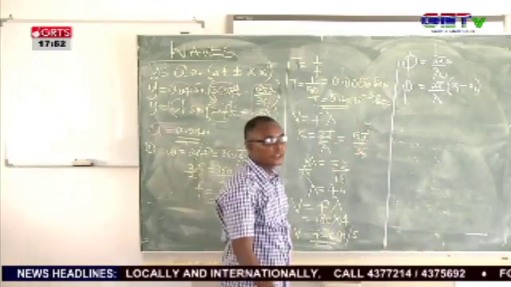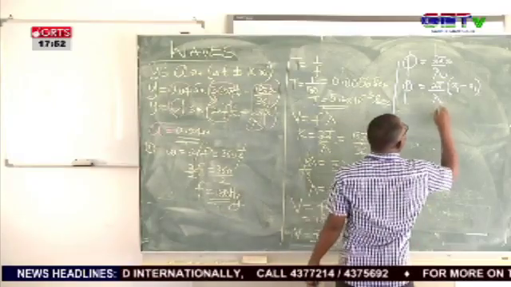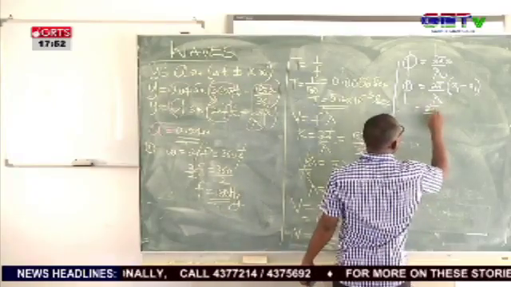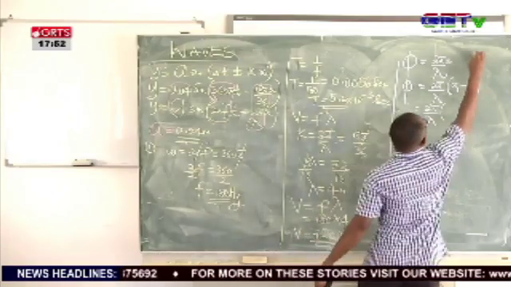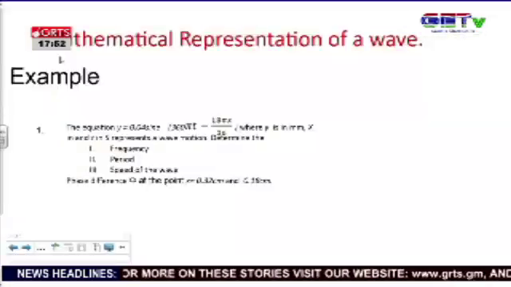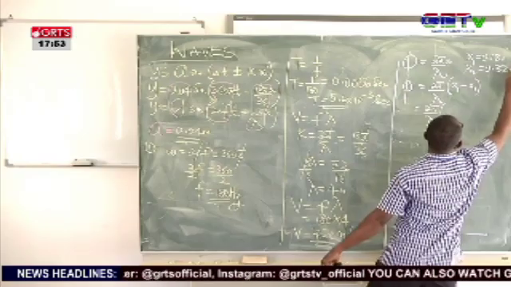So now we have 2 pi over lambda, if you like, into the difference of the positions. If you check the question, the first position is 0.18 and the second position is 0.32, in meters.